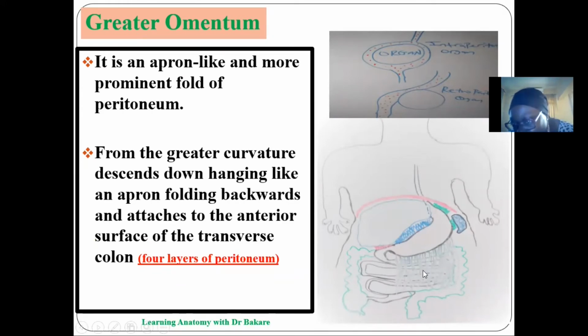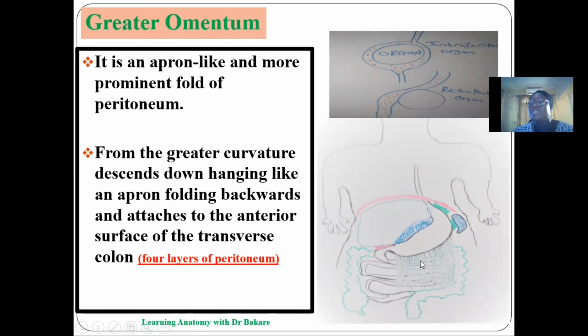And when it folds over itself, it begins to run upward again before it's finally inserted onto the transverse colon. So you can see that the pattern by which the greater omentum runs is very funny, because you see it extending down, then it finally turns over itself, backwards, upward again. Then finally it is inserted on the anterior surface of the transverse colon.